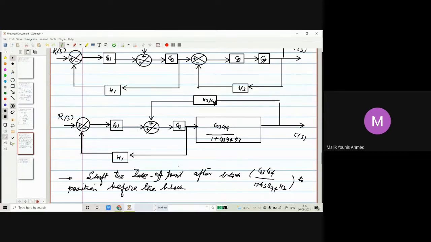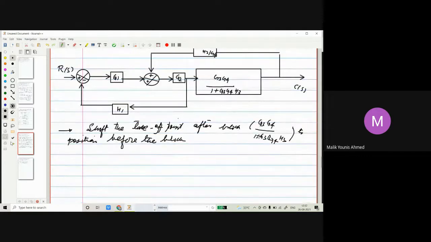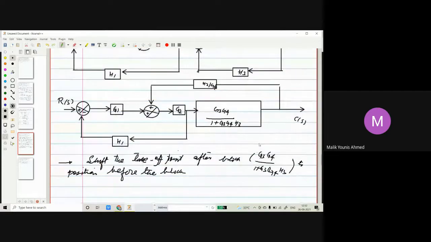Let us copy this first. Up to here there is no problem. So what we are trying to do now, we are trying to move this takeoff point after the block, this one, to a position before the block. Okay, let us copy this one now.